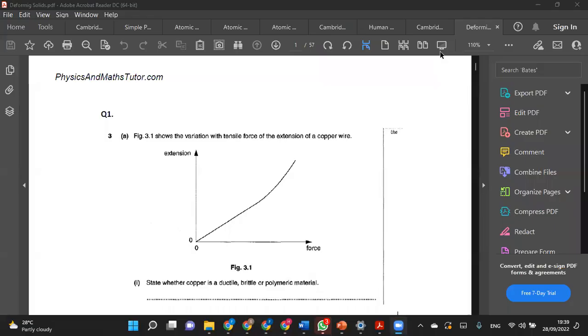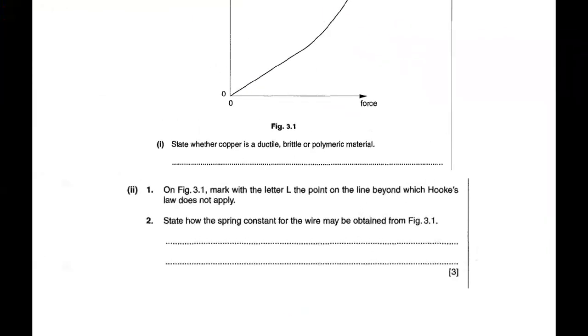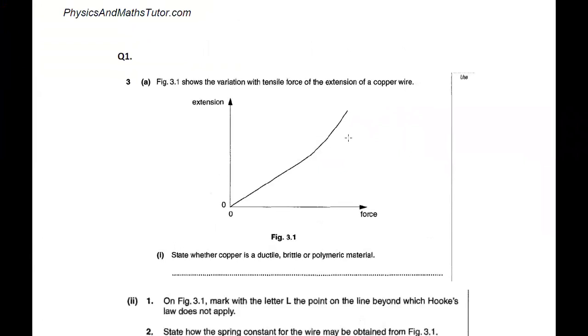All right. Okay. First of all, actually, hold on. 1 minute. Let me just go over the different materials and the different sorts of graphs you can have.